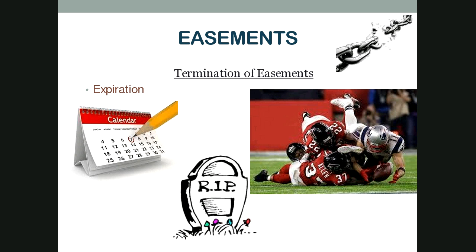You could even tie it to some event like the first overtime game in Super Bowl history, or the first time a team blows a 25-point lead in a Super Bowl to lose. Right? You could tie your easement to that, and if you did, then you would have most recently lost your easement, or it would have terminated. But you can do that. You can tie it to some event, and when that event occurs, the easement terminates.